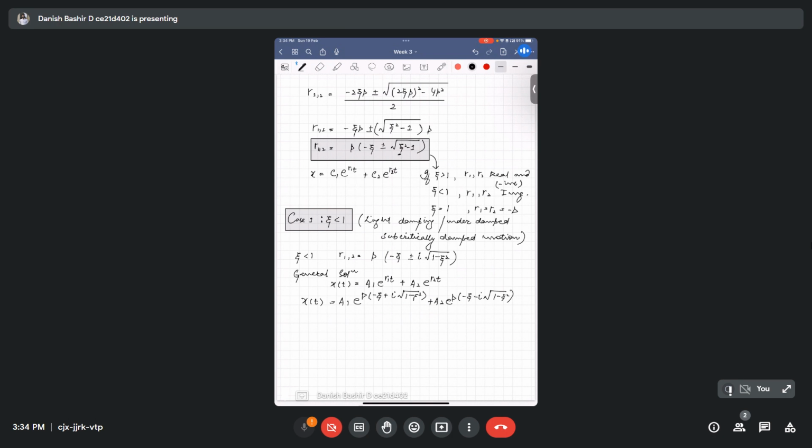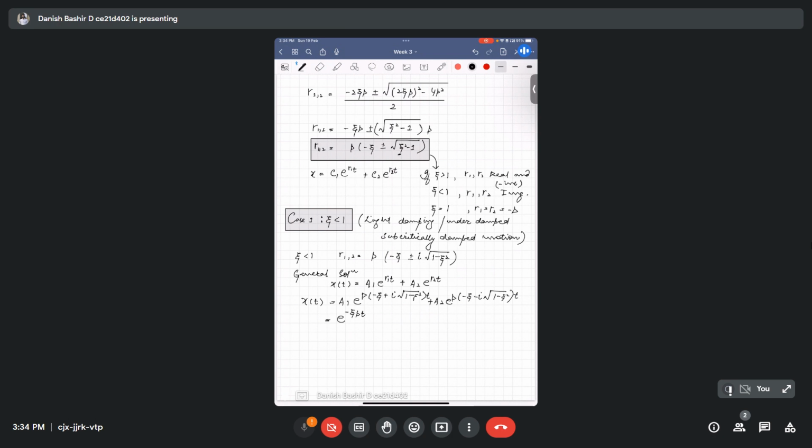This is very simple. You can see that these are product terms. We can take e to the power minus theta pt common.